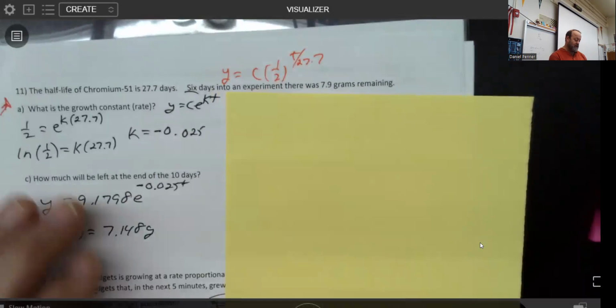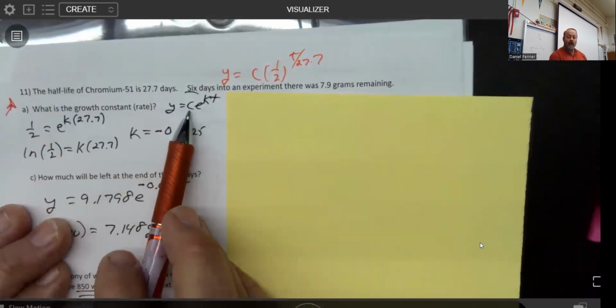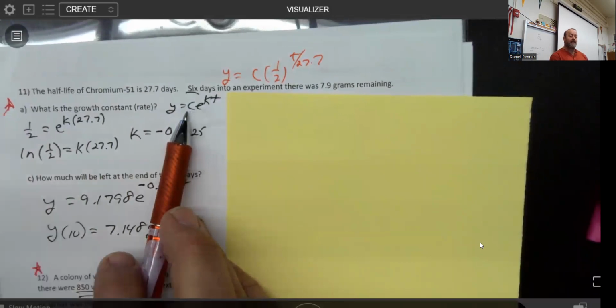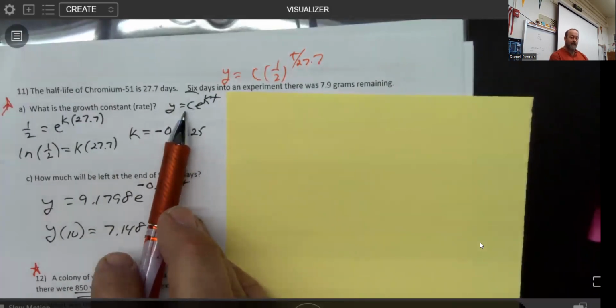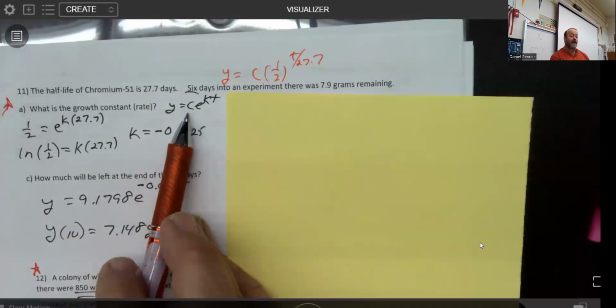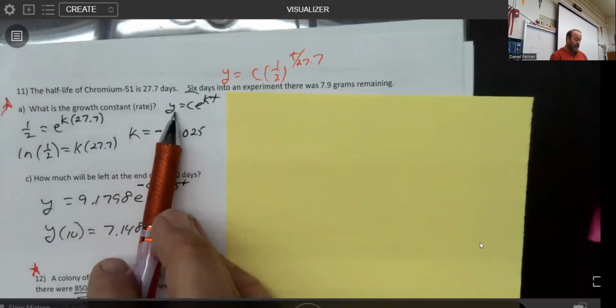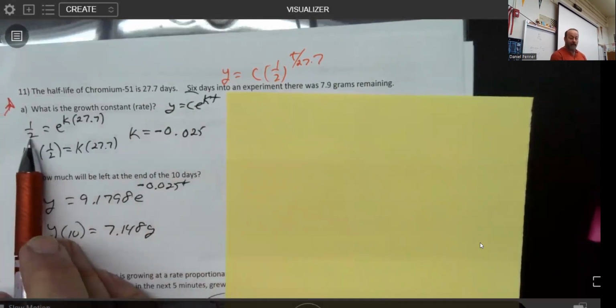So moving into this idea, I know that whatever C is, when we hit that half-life moment, that 27.7 days, y, whatever it is, will be half of C. So if it was 100, it'll be 50. If it was 4, it'll be 2, whatever. But when we divide it across, we're just going to get a half.